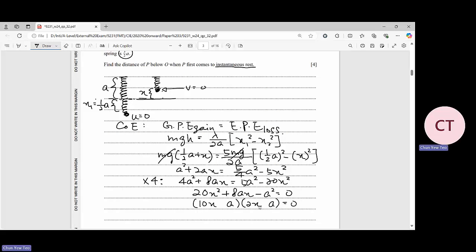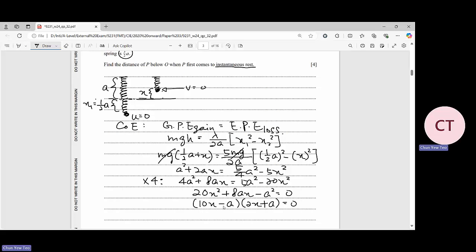In order to get positive, you need to have a plus and minus.